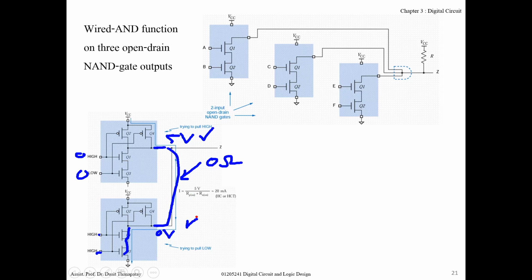It produces a large current passing through the transistor, so the transistor may burn or be broken by this high current. So do not connect outputs together for normal logic gates.